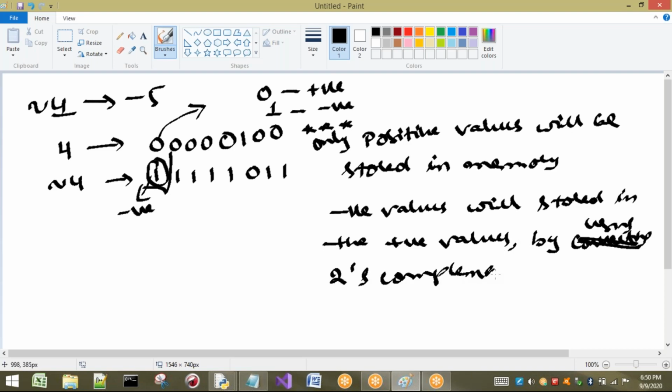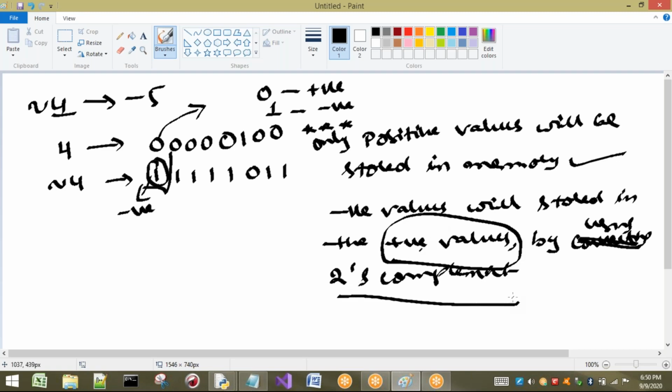Very important point. So once again, I'm repeating this statement: only positive values will be stored in memory. Yes, this is 100% correct. Sir, if I want to store negative values, how will the values be stored? Negative values also will be converted into positive values, and the numbers will be stored. How will negative values be converted into positive values? By using 2's complement.